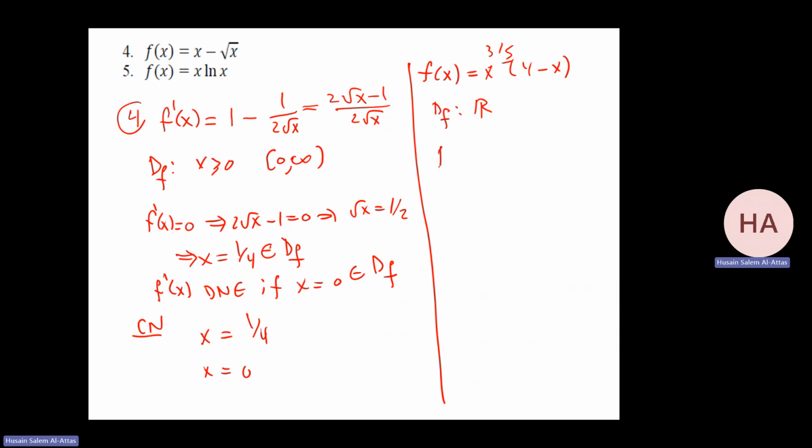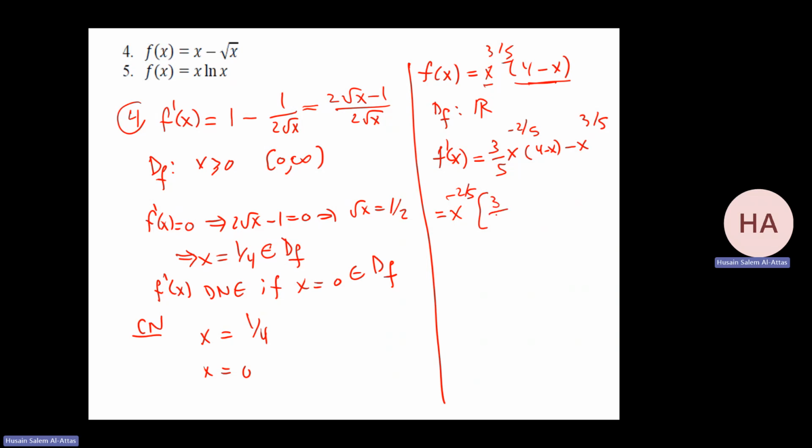f prime will be the product of two functions. Now things become complicated. 3/5 x to the -2/5 times 4 minus x. The derivative of 4 minus x is -1, so I have minus x to the power 3/5. Now take a common factor, which is x to the power -2/5.